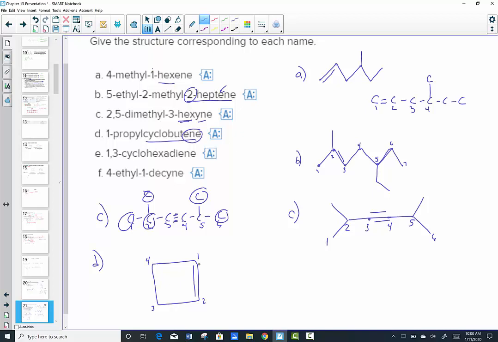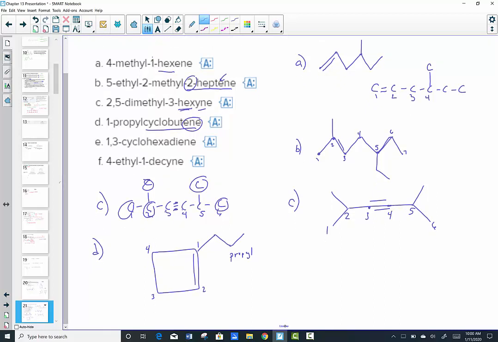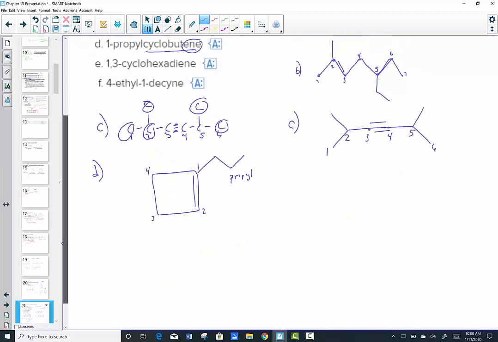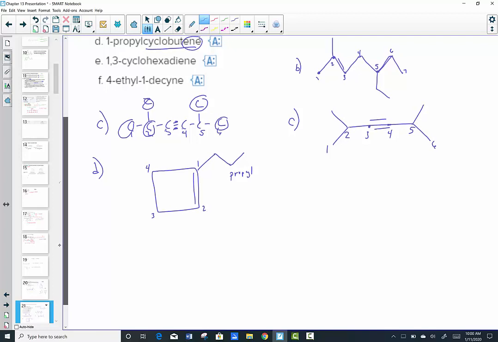Coming off of the first carbon, we have a 1, 2, 3 carbon chain. That's the propyl prefix there. In letter D, we just drew 1-propyl cyclobutene.